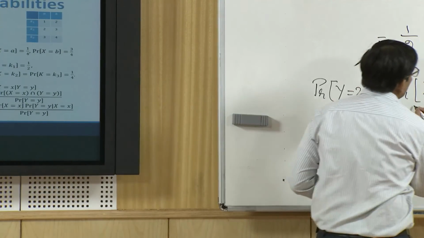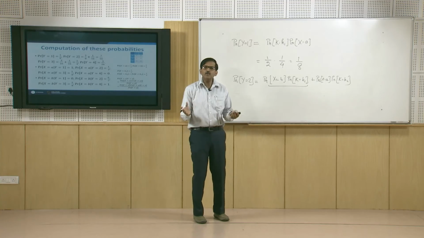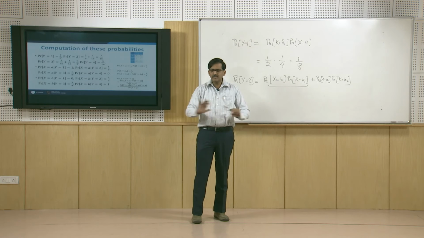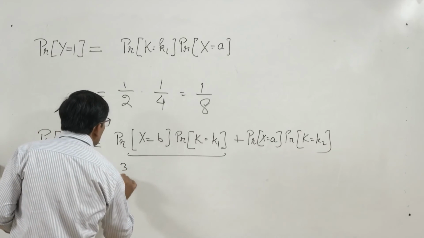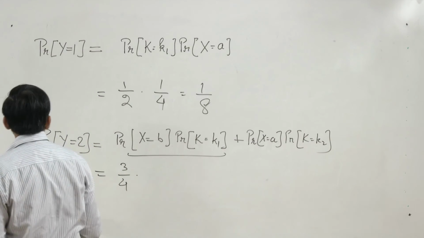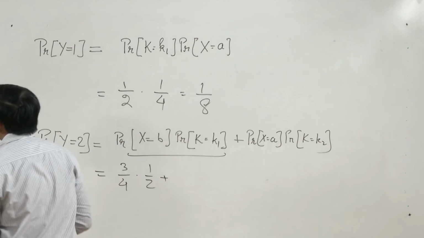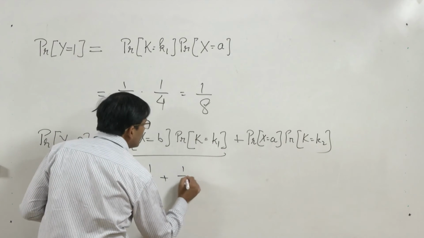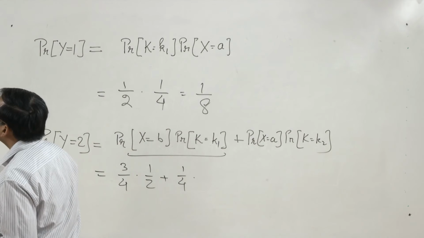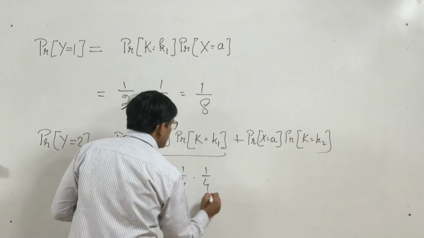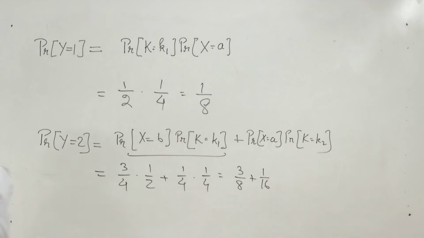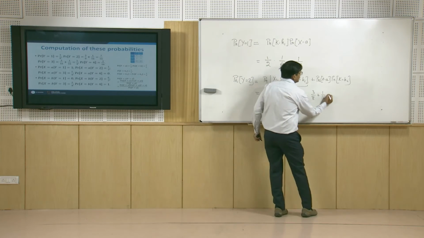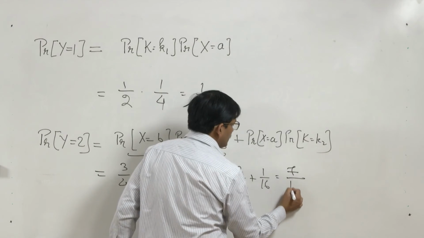I am writing this probability as a product because we are assuming that plain text and key are independent. And now we put the probabilities over here. x equal to b is 3 by 4 and k equal to k1 is half, and x equal to a is 1 by 4 and k equal to k2 is 1 by 4. So, I have got 3 by 8 plus 1 by 16, which is exactly what I have got here, and you may check that it is 7 by 16.